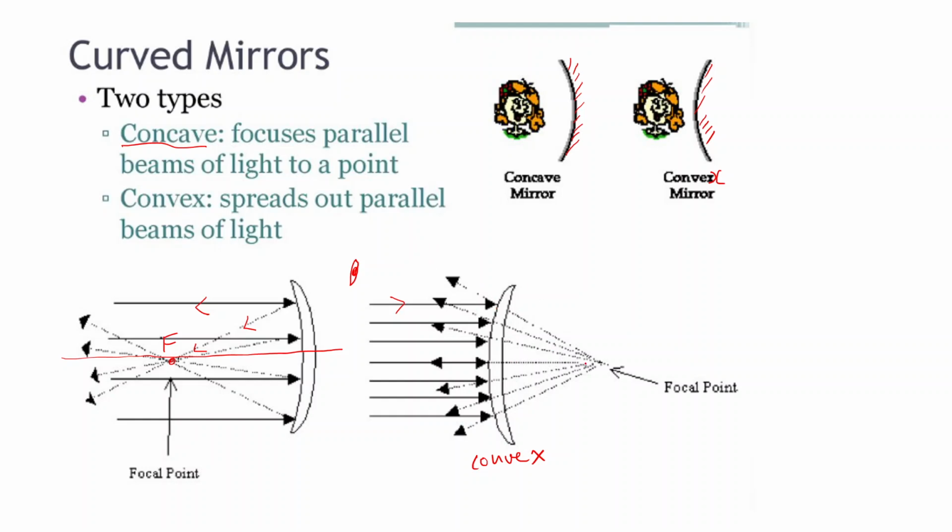But the focus of this curved mirror, which is on the other side, makes it appear that these reflected lights are coming from that focus. So the rule is the same, but here we see it being focused, and here we see it spreading out, and it just appears to be coming from this focus which is on the other side of this mirror.